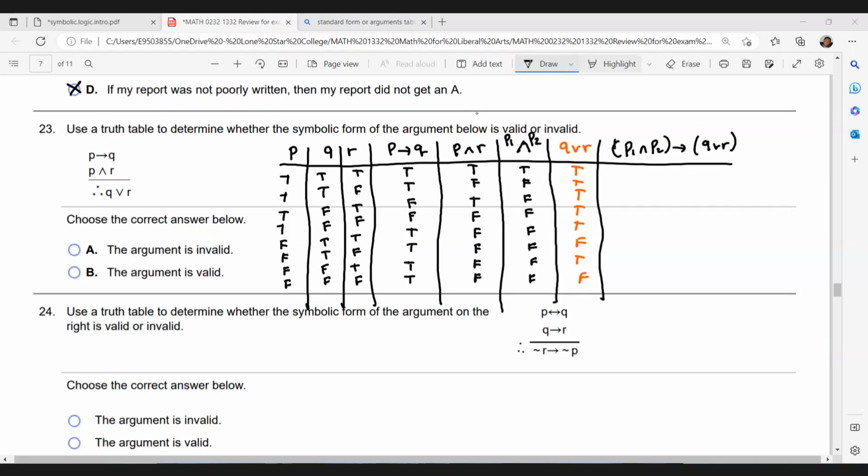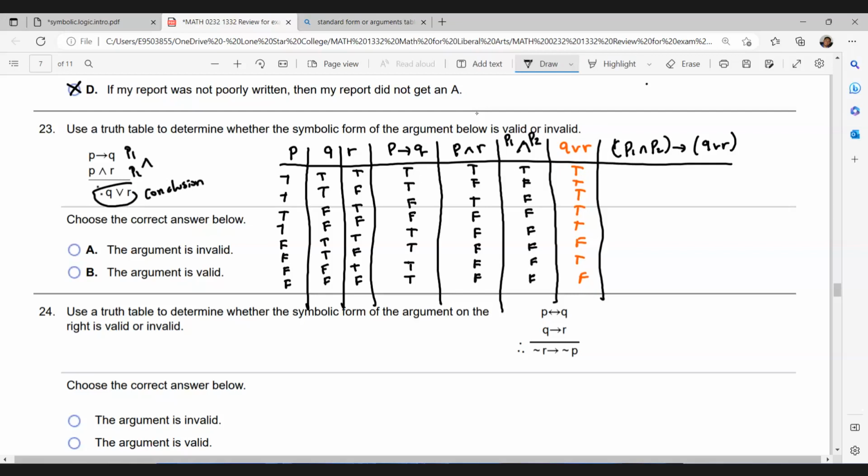Okay, so getting back to this. Let me try to explain this column here and this column here. With these kinds of examples, this is called premise 1, premise 2, and we need to connect them with an AND. And this is what you see here, okay? But in order to determine whether this entire argument is valid or invalid, we need to take that and do a conditional with this part right here, which is called the conclusion.